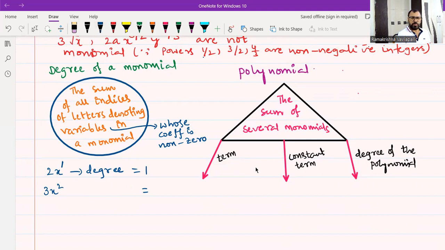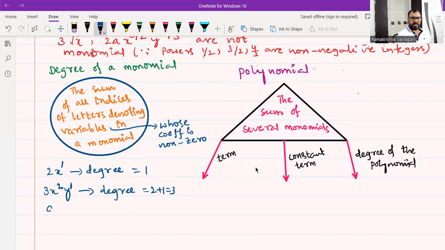So I will take a monomial here: 3x square into y. So here what is the degree? Here y power 1, index is 1. Here index is 2. So here the degree equal to 2 plus 1, that's equal to 3.